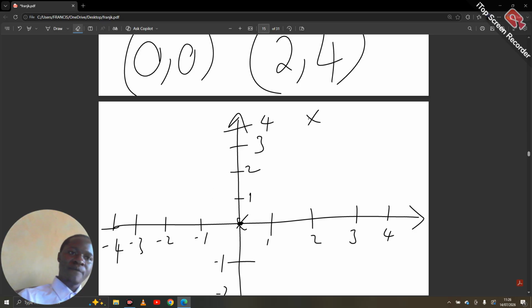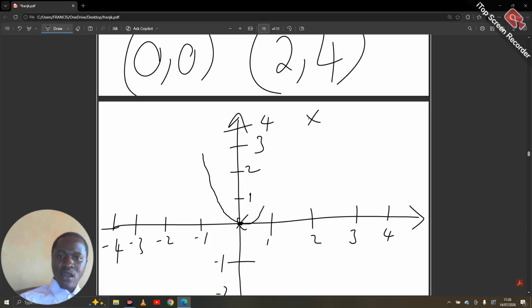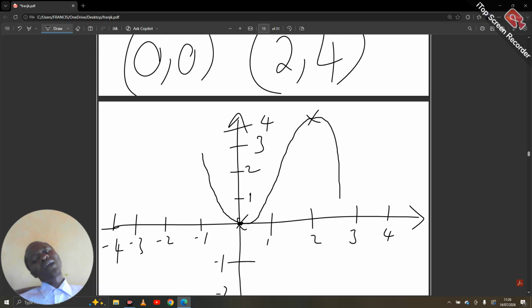Sorry. Let me try to be more accurate. Yeah, your curve should look something like this, and it should look this way.